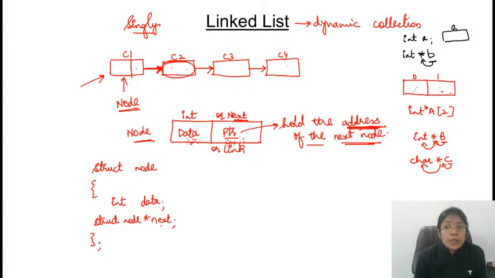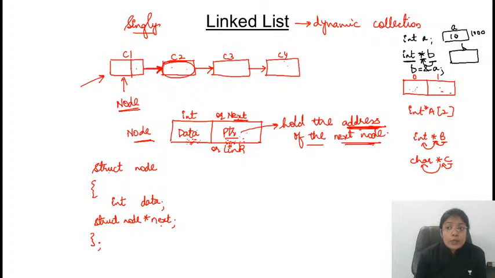What does pointer variable mean? This is going to store an address. For example, the address of a is 1000. So b is going to hold the address. This asterisk represents the address of an integer. For example, I can write b is equal to ampersand a. So b is going to hold the address of a.